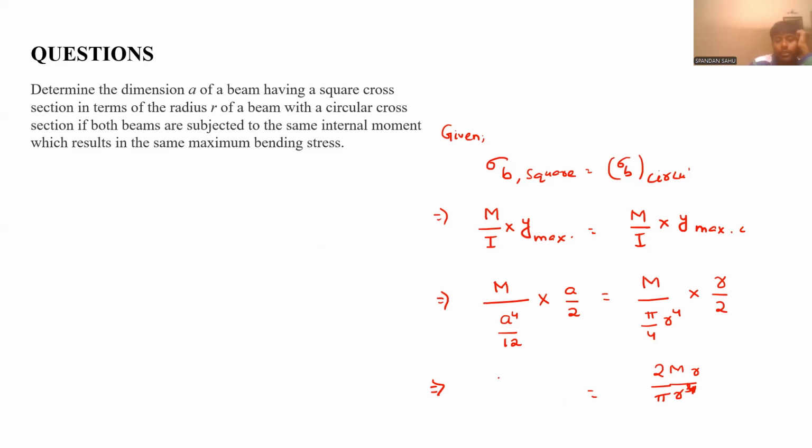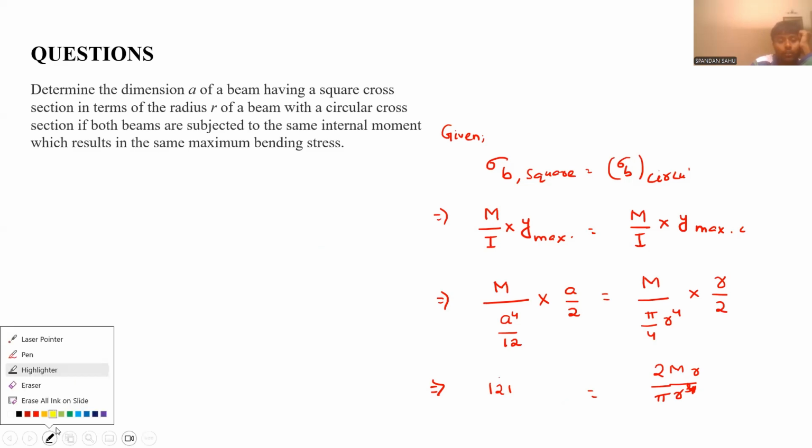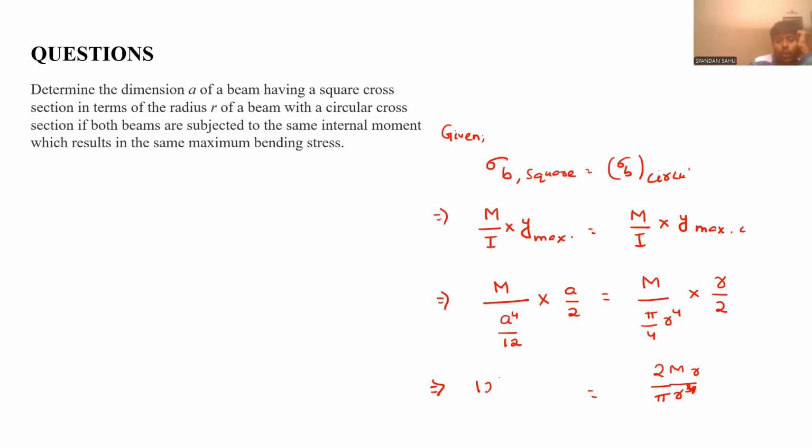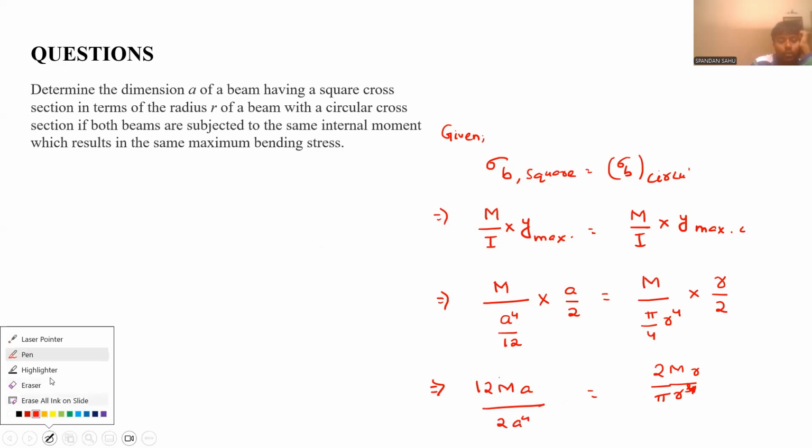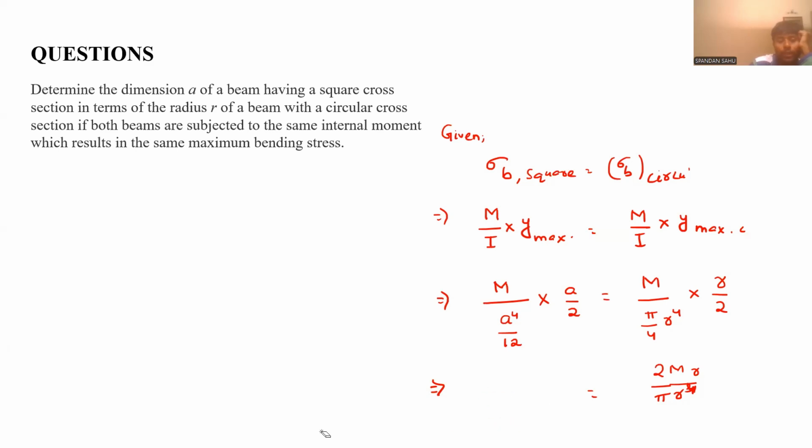It will be 12 M a upon 2 a power 4. So it will be 6M by a cube will be 2M r by pi r power 4.